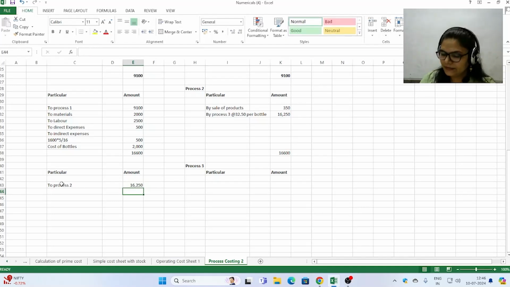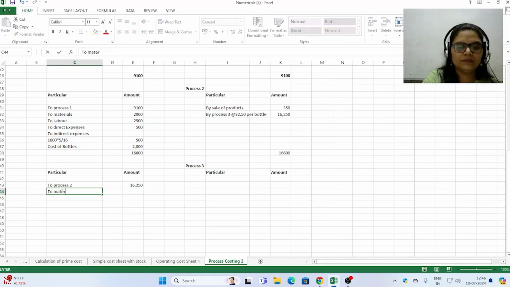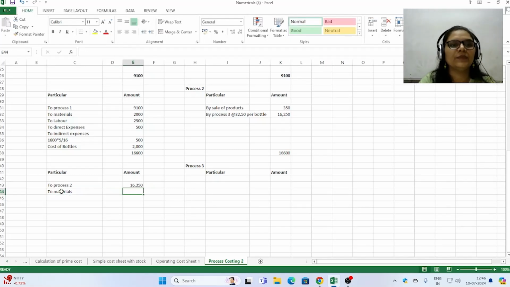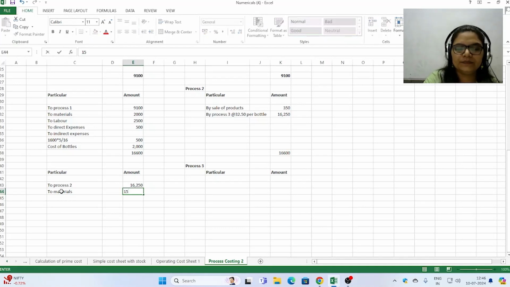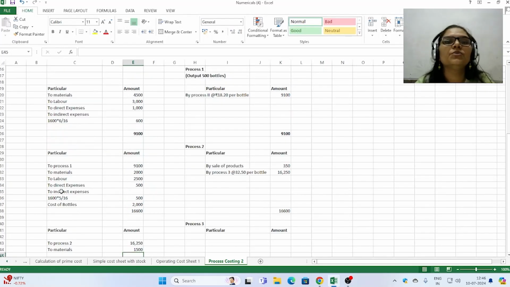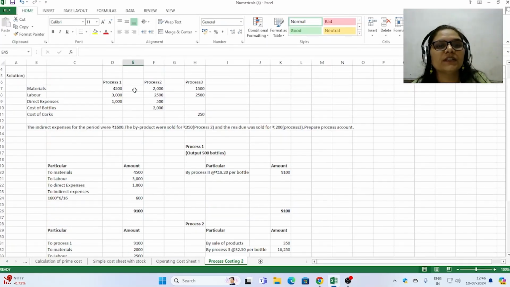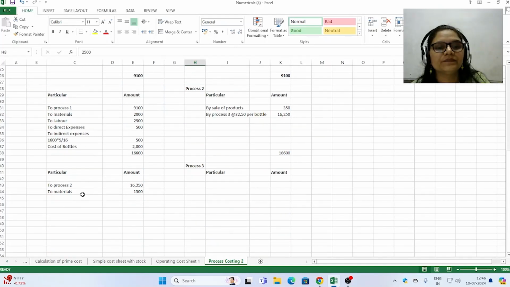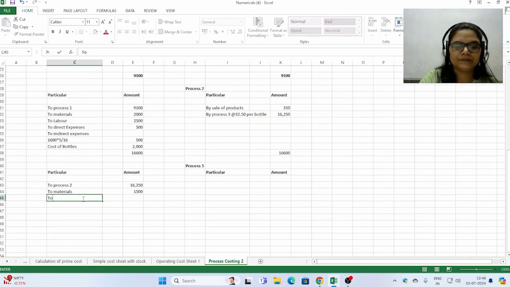Now next is to materials. To materials we have been given in the question for process 3, 1500. Next is to labor. To labor, which is given in the question as again 2500.